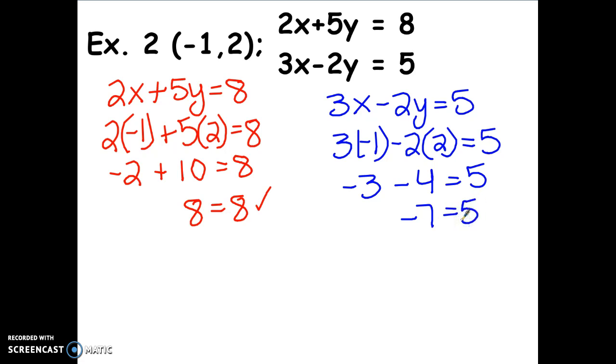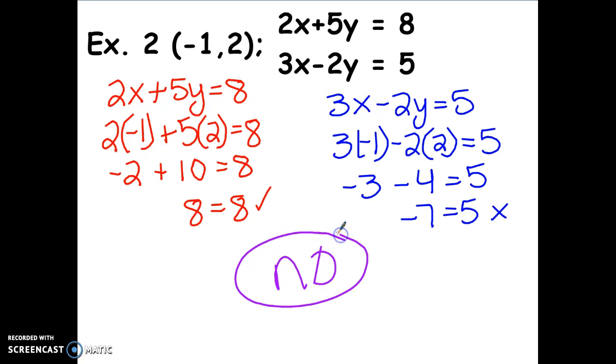Does -7 equal 5? No. So, because it doesn't work for the second equation, this ordered pair is not the solution to that system of equations. So your answer is no.